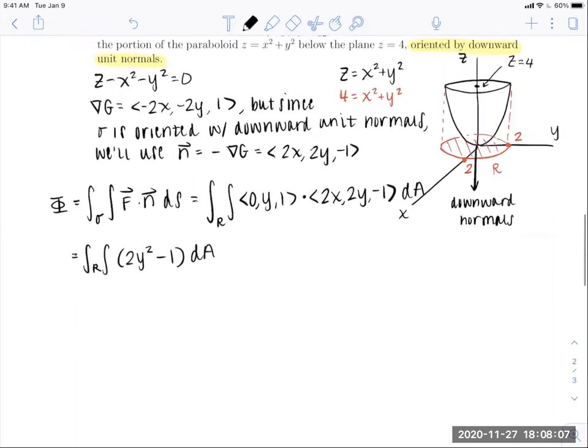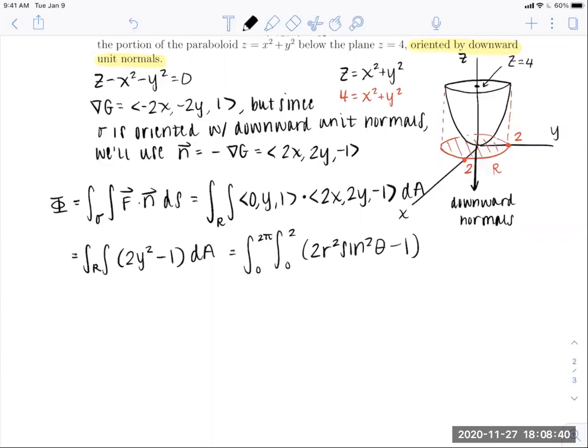All right. So now let's go ahead and set up our integral. We will go ahead and make the transformation into polar coordinates. So we want the full circle. So we want our theta to run from 0 to 2 pi. And the radius of our circle is 0 to 2. And then let's swap out our y squared, which is going to become r squared sine squared theta.